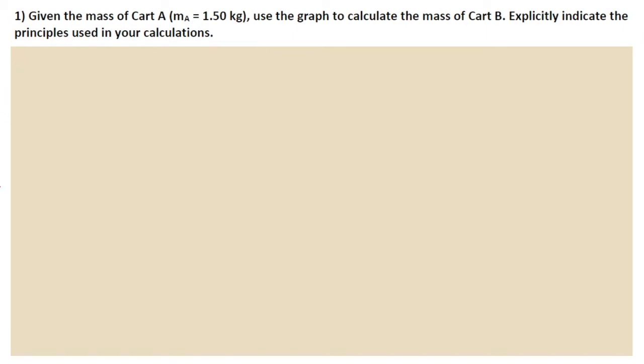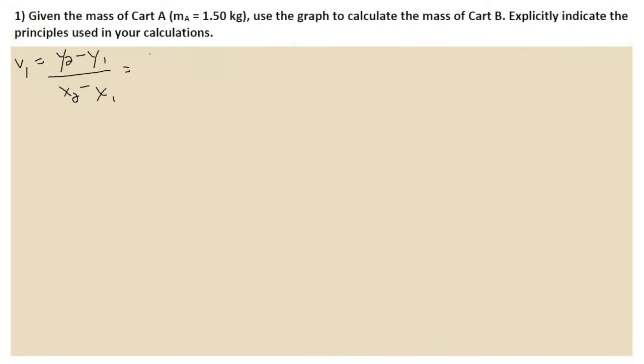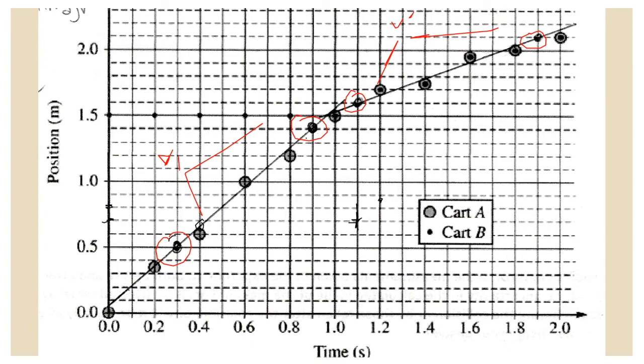We'll say here first, for v1, I'll go back to black for this. For v1, we're going to use y2 minus y1 over x2 minus x1 to calculate our velocity. And if you look at my line, this is at 1.4 meters, and this is at 0.5 meters. So I'm going to write 1.4 meters minus 0.5 meters, and then divide that by the times for those coordinates, which would be 0.9 seconds minus 0.3 seconds.